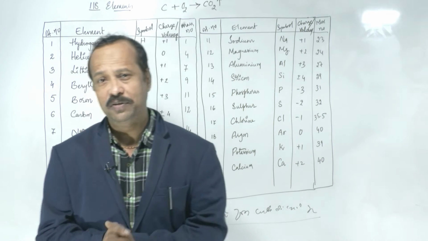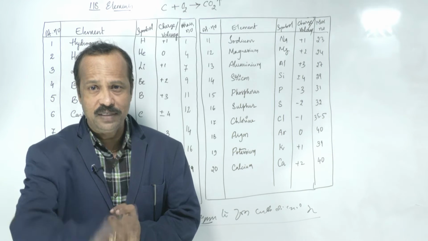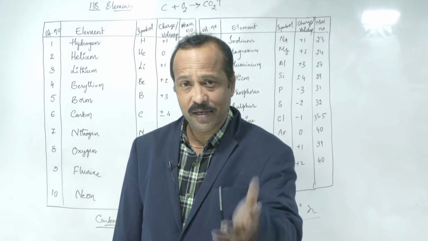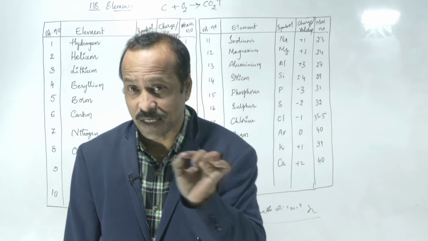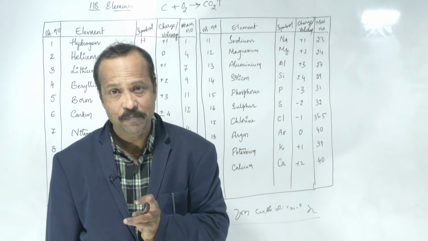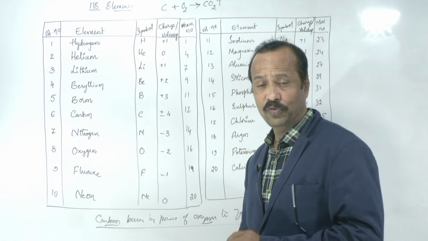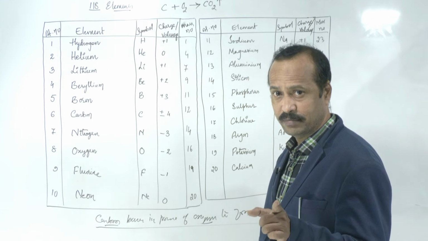So it's very easy for us. Every time we do not write big words. Just by using the symbols we can complete the chemical reactions in terms of chemical equations, right? So remember the name Berzelius, the scientist who introduced the concept of giving symbols to elements. Is this clear to you? Any doubt?